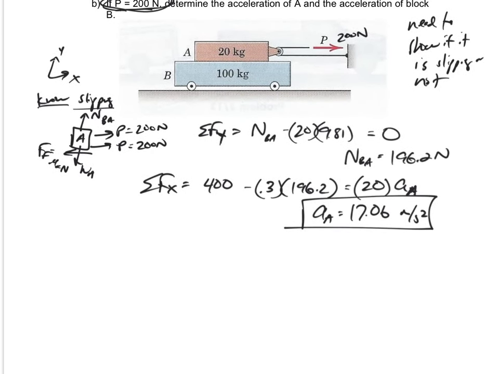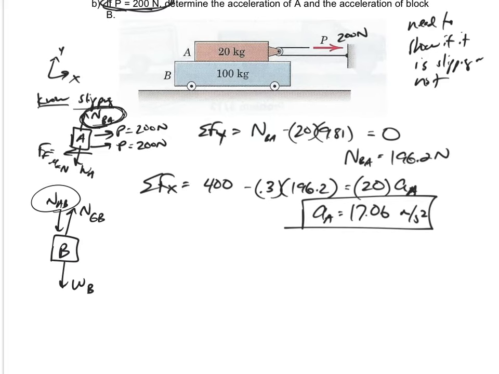So just looking at B, this is how I like to do it. I'm going to say I've got the weight of B acting down. I've got the normal force of the ground pushing up on B, and I have the normal force of A pushing down on B, which is the same as B pushing up on A, right?